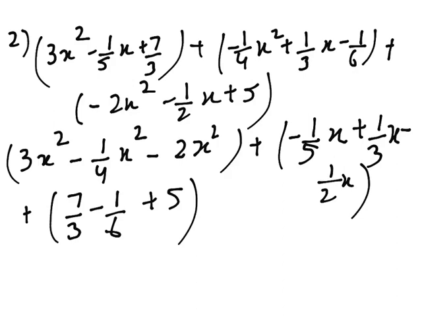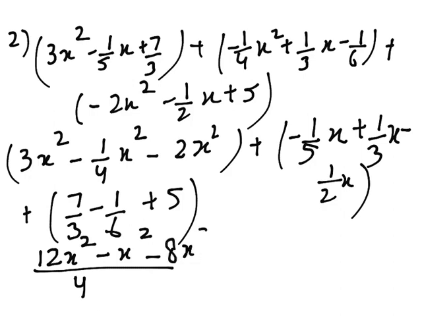First we will start by taking the LCM. LCM in this will come as 4. So when we solve it, it will come as 12x square minus x square minus 8x square. Next, if we take the LCM of these terms, it will come as 30.